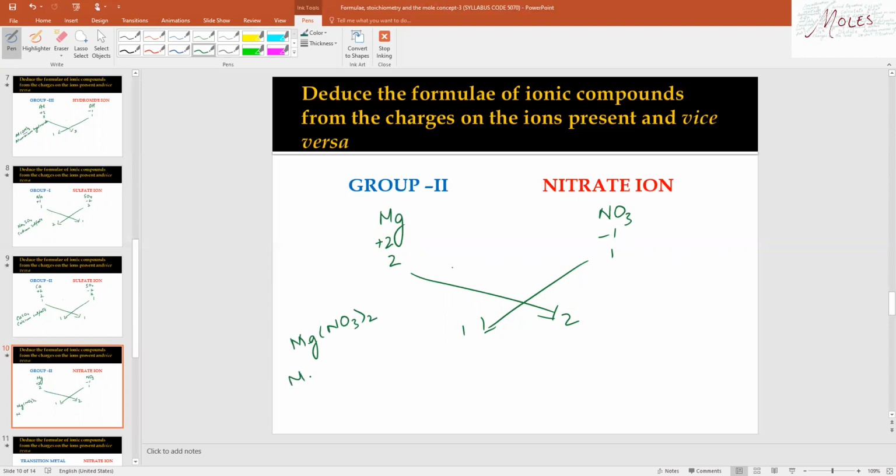The name is magnesium nitrate. We'll get the formula because the charge on magnesium is +2 and on nitrate ion is -1. So after swapping, we'll get this formula, I mean.